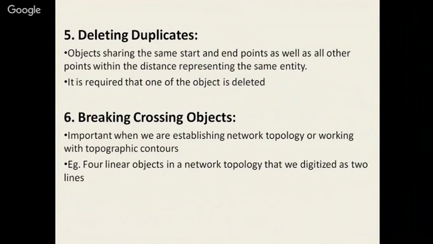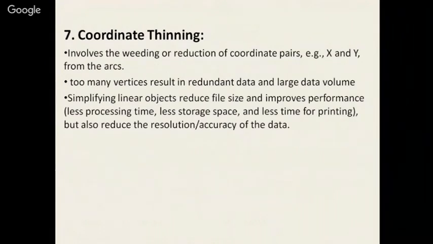So it also needs to be corrected. Then coordinate thinning. When we digitize, we tend to use a lot of nodes, which increases the file size. To simplify linear objects, reduce the file size and improve performance, we need to remove whatever extra, unrequired nodes are in the vector data.